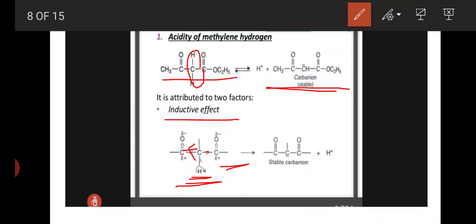That's why this hydrogen can be easily replaced. When this compound loses hydrogen, a carbanion is formed. That carbanion is a more stable carbanion. To get that stability, this compound easily loses the hydrogen. That is one factor.